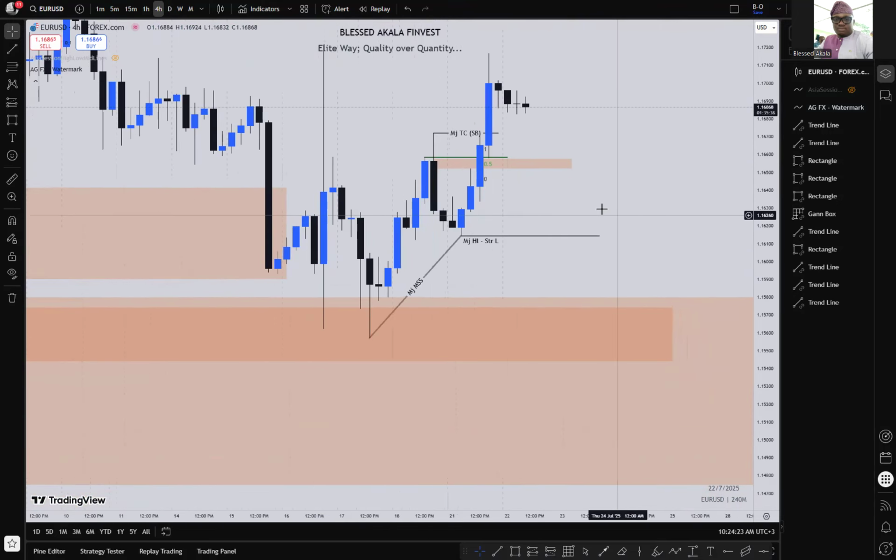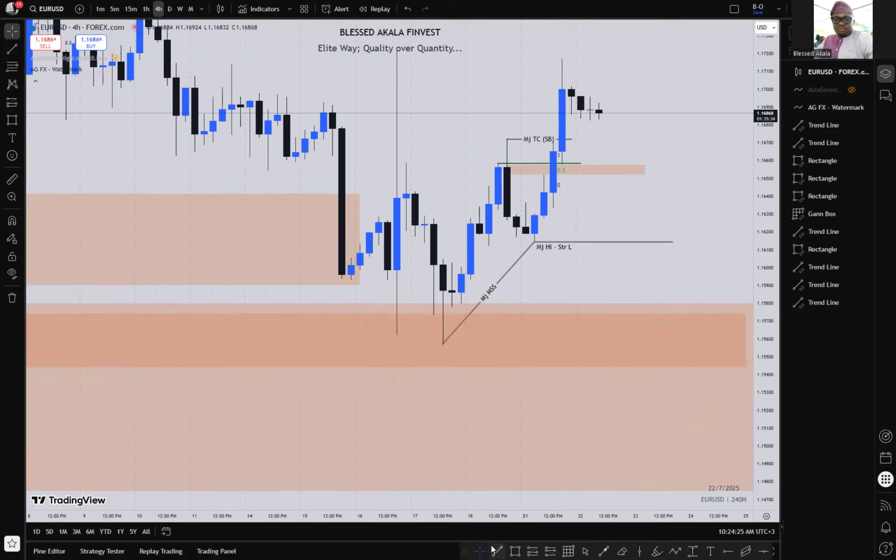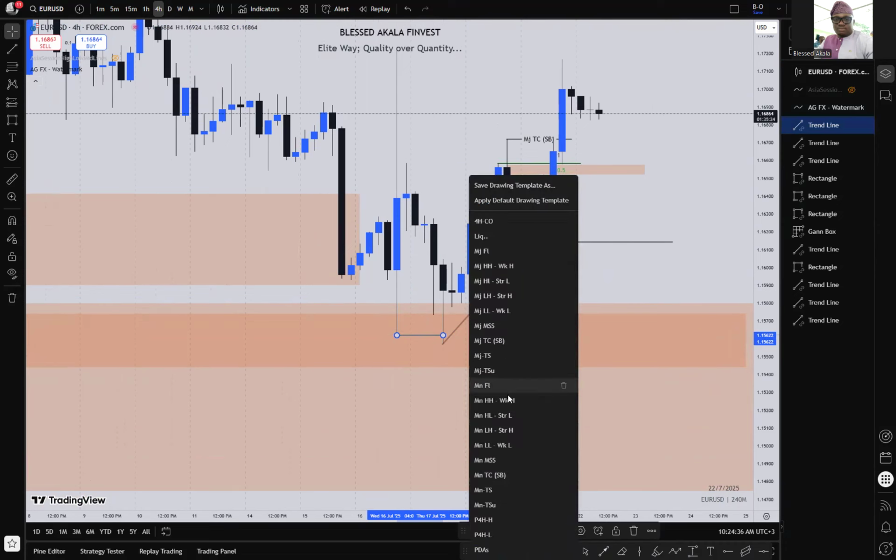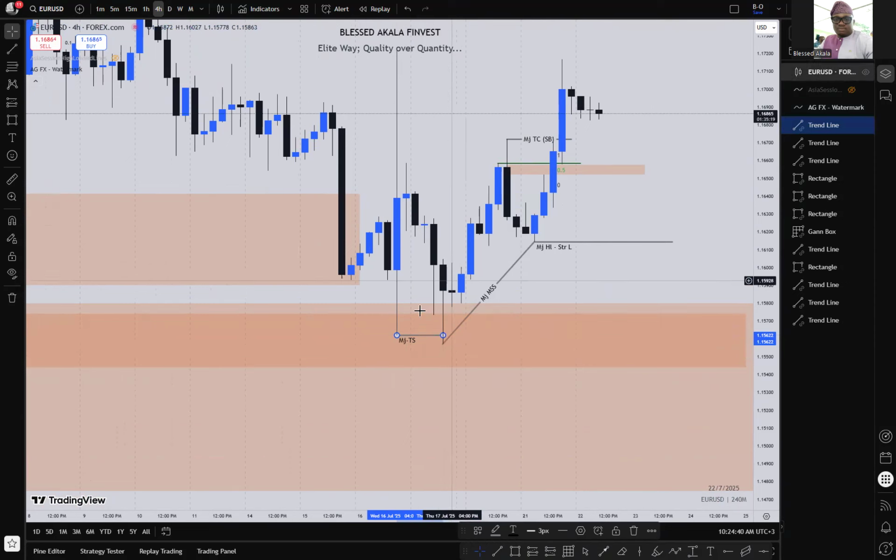And if we look at the shift very well, we have this turtle soup before it created that shift.